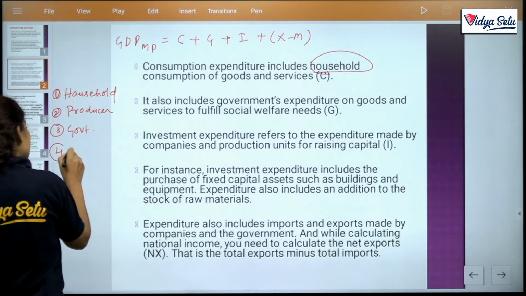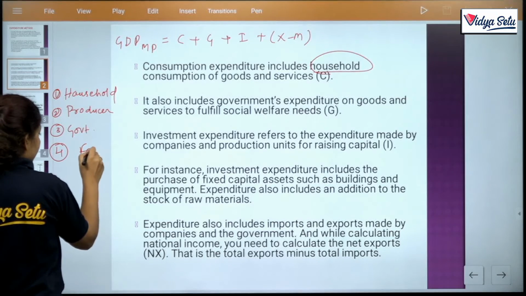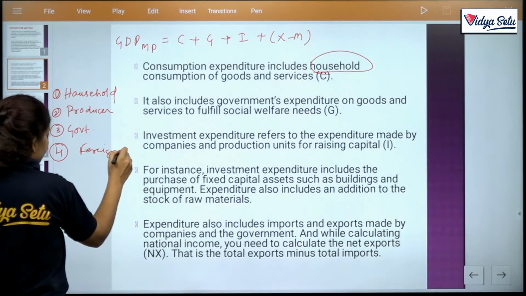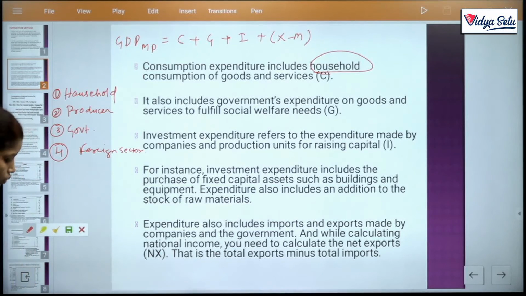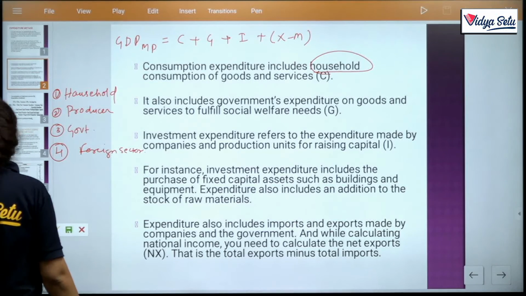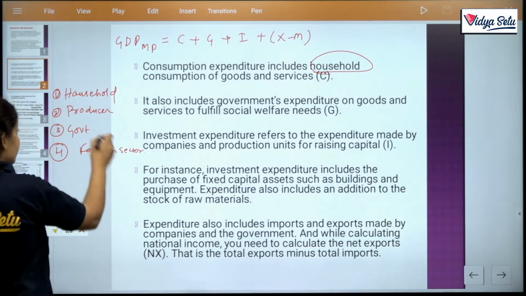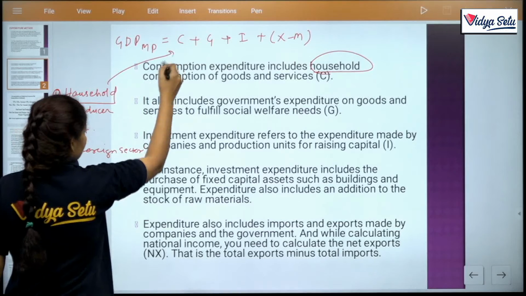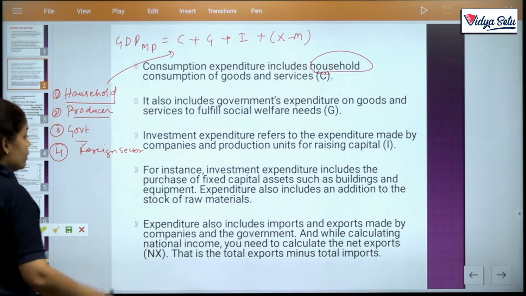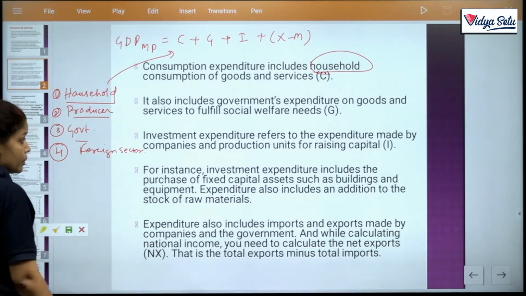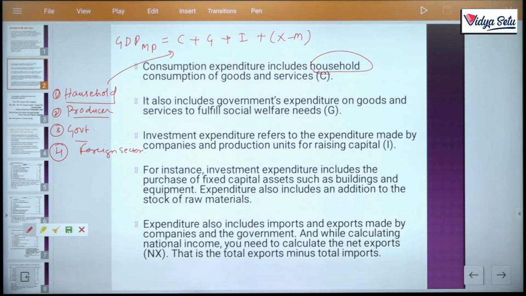Fourth is the foreign sector. These are the 4 sectors involved in expenditure activities. For household we use C, for government we use G, for producer we use I, and for the foreign sector we use X minus M. Clear?